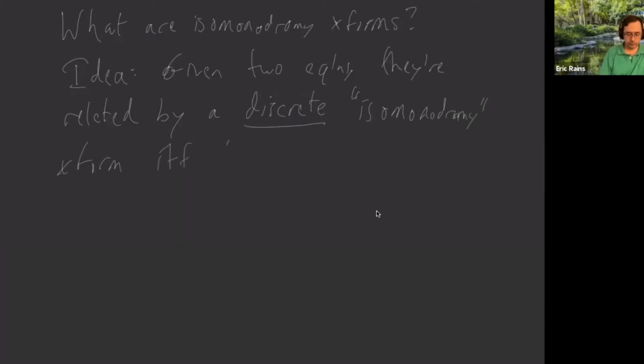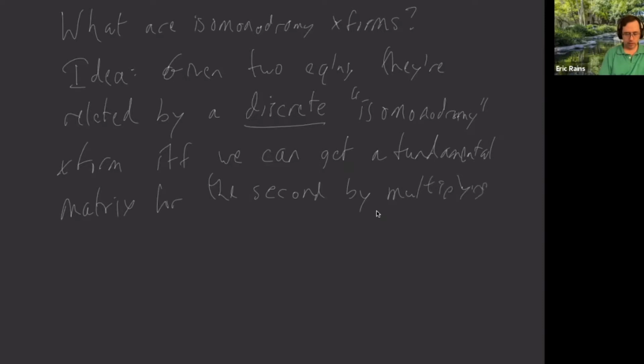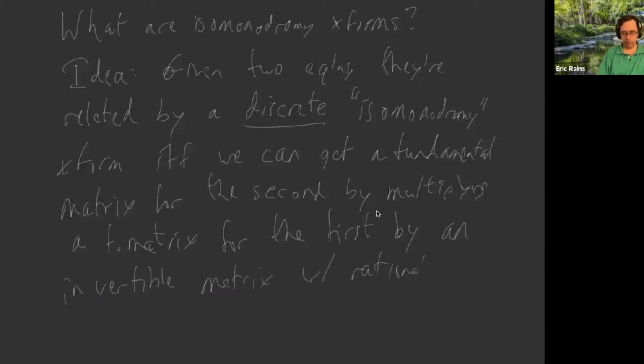if and only if we can get a fundamental matrix for the second equation by multiplying a fundamental matrix for the first by an invertible matrix with rational function coefficients.